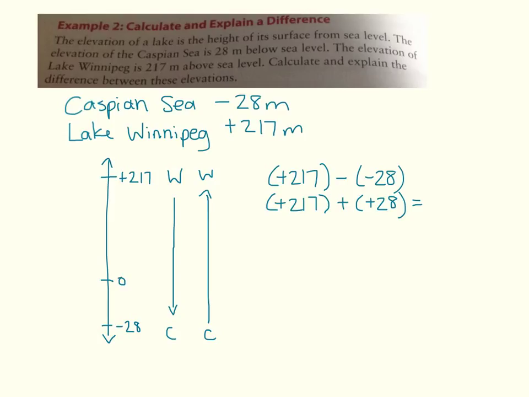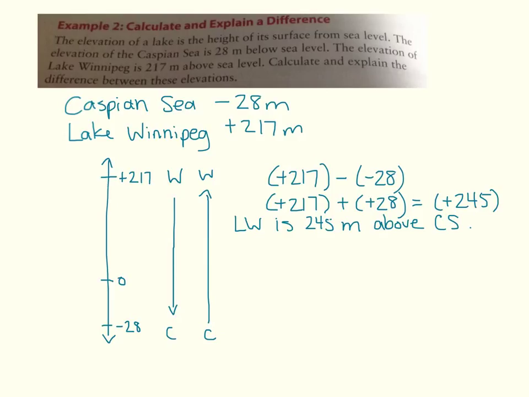When we do that addition, we end up with positive 245, or Lake Winnipeg is 245 meters above the Caspian Sea.